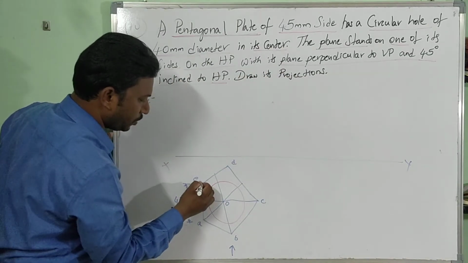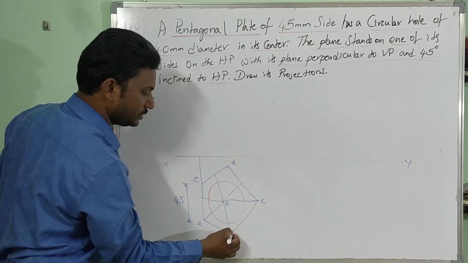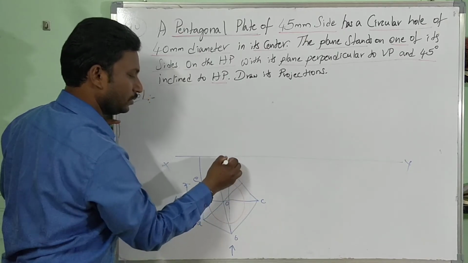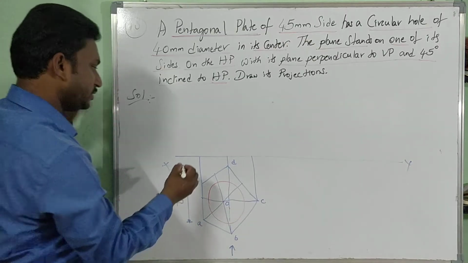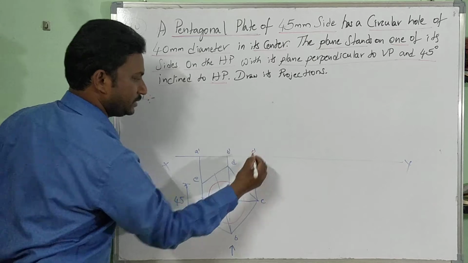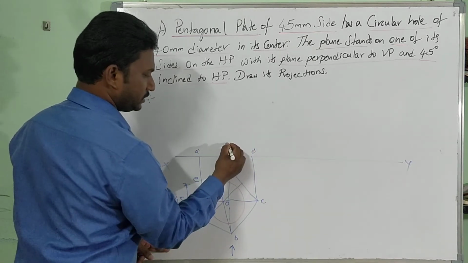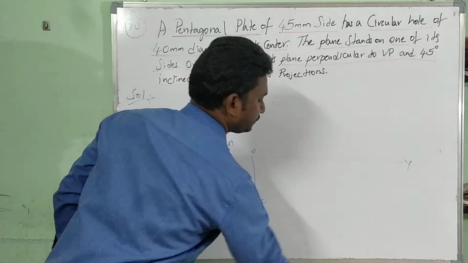Now if I project these lines, there are many lines, so don't get confused. From here I draw projectors onto XY. Now this becomes A dash, B dash, C dash, and in brackets at the backside D dash, E dash.